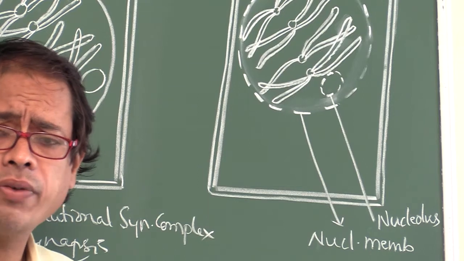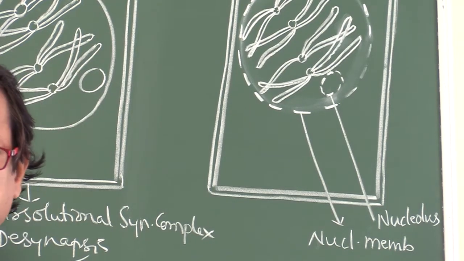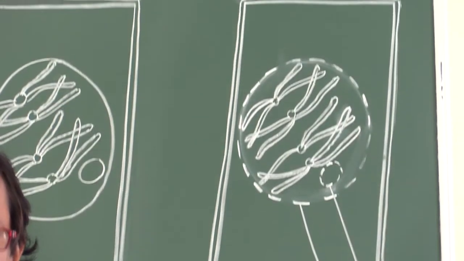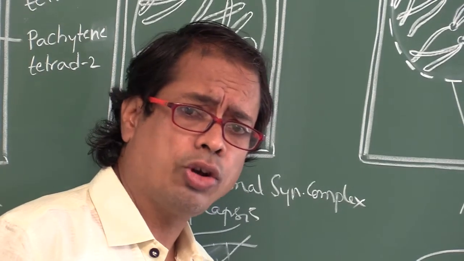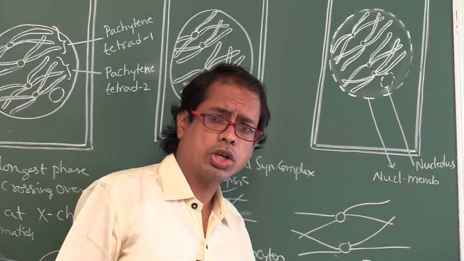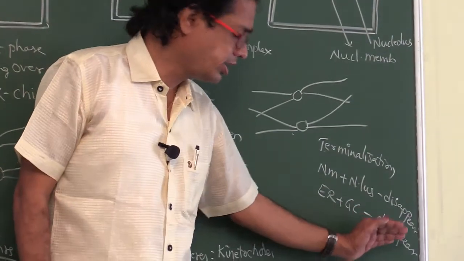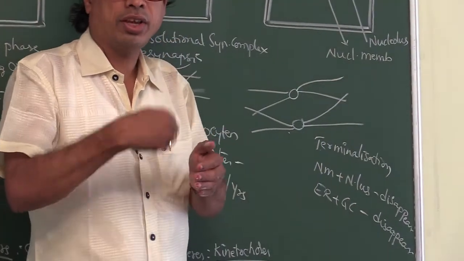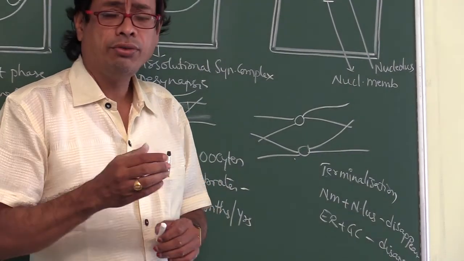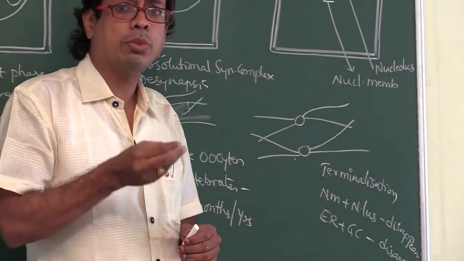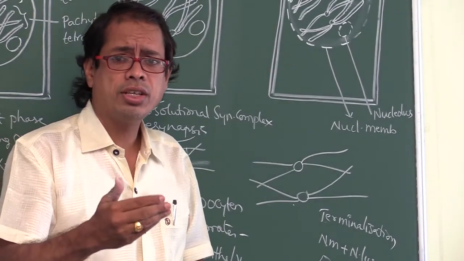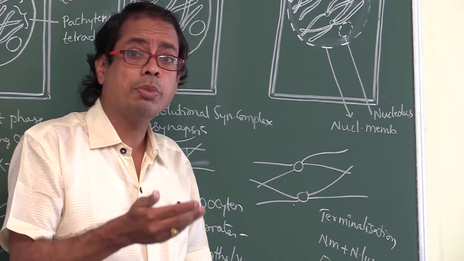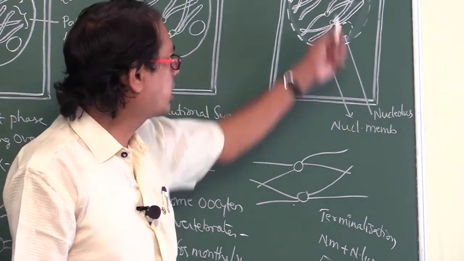So, at the end of prophase 1, the nuclear membrane and nucleolus disappear. Next, cell organelles like endoplasmic reticulum and Golgi apparatus disappear. Which phase is called transition to metaphase 1? That is diakinesis.